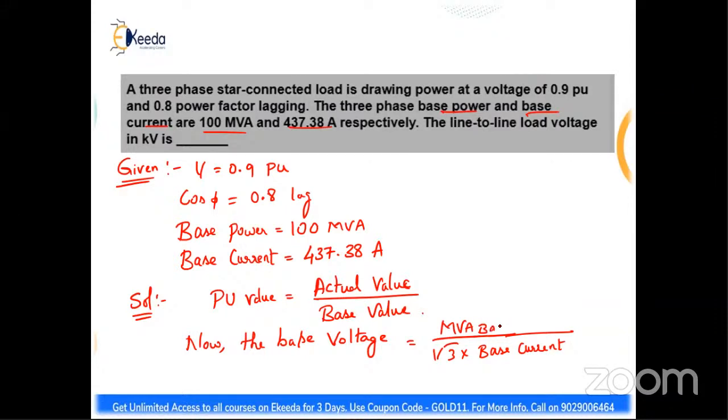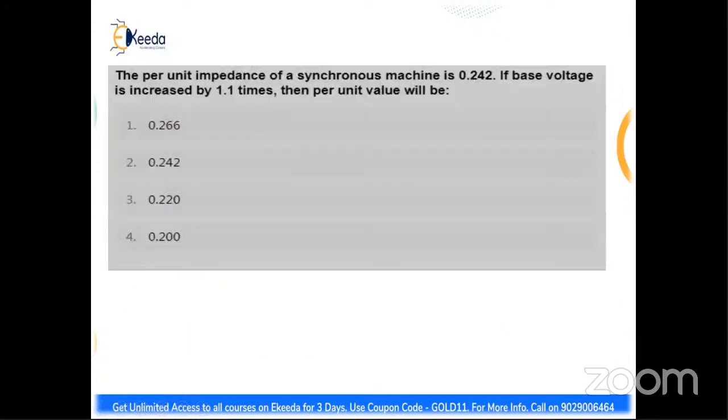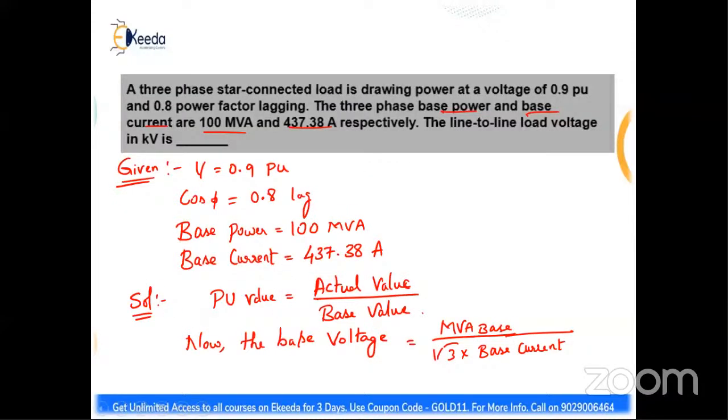MVA base divided by √3 into base current, right?